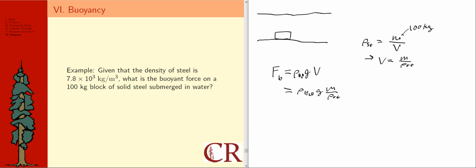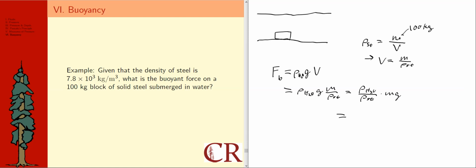And then maybe I can rearrange things a little bit and see that it is density of H2O over density of steel, and then this is g and m here, right? But I can rewrite that as mg, which is clearly equal to the weight.